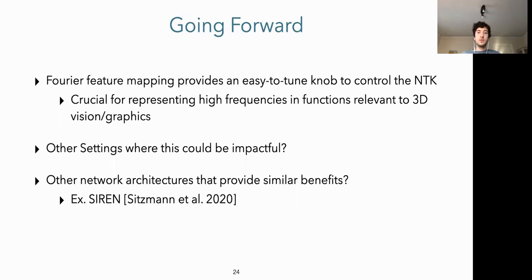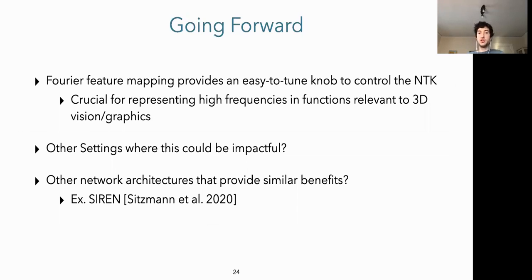So in summary, we found that a simple Fourier feature mapping enables the tuning of an MLP's NTK so that it is able to converge to high frequencies. One interesting avenue is to explore whether this finding could be applicable to other domains.